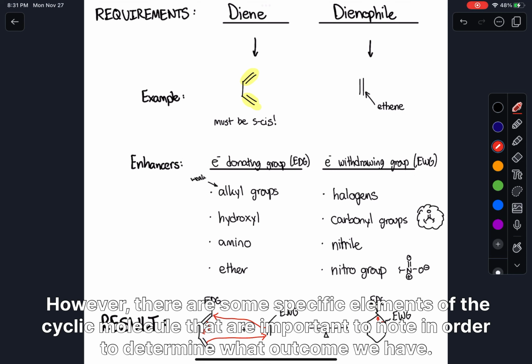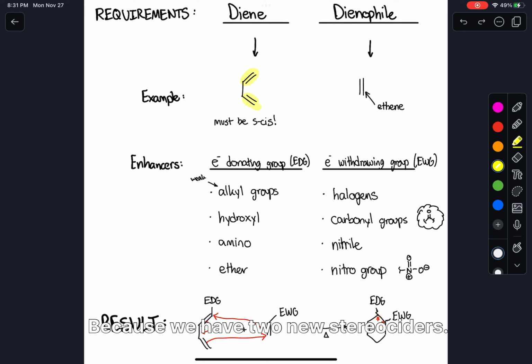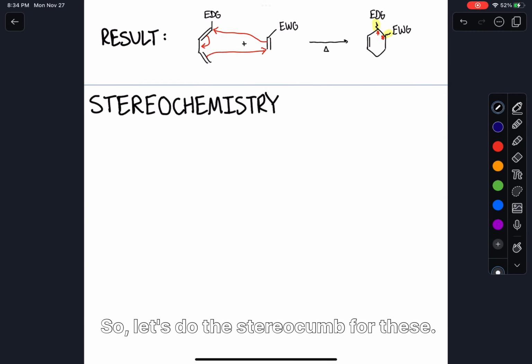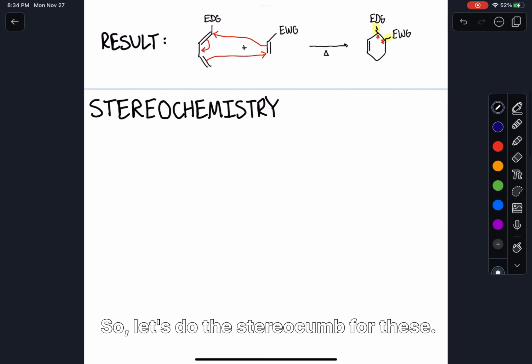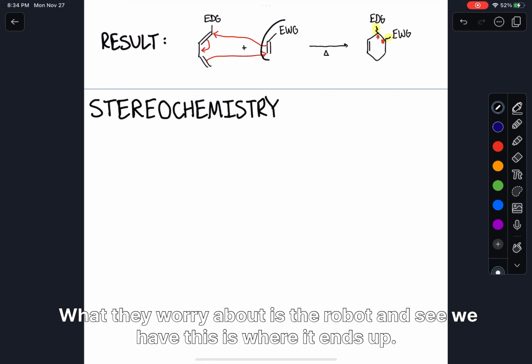However, there are some specific elements of the cyclic molecule that are important to note in order to determine what outcome we have. Because we have generated two new stereocenters, there are four possible outcomes of this reaction. So, first, in order to determine which one, we have to look at each stereocenter and how the reaction takes place.